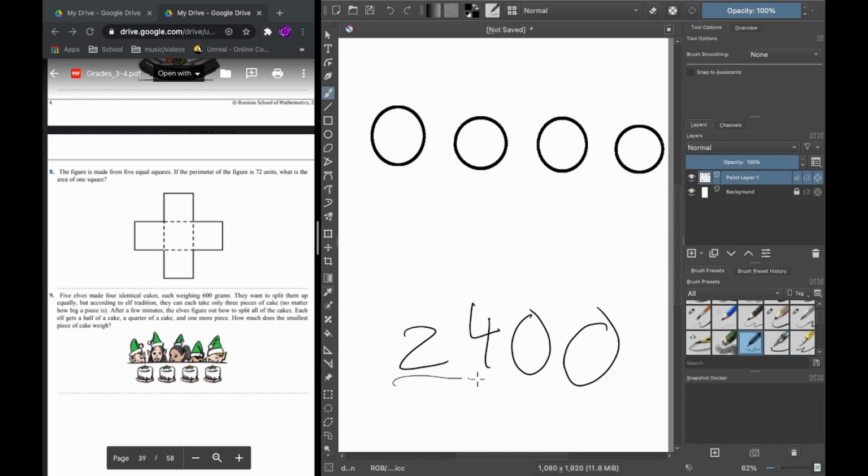So now that we know that, we could do what it says. They got half, but when we split them in half, there are 8 pieces, but there's only 5 elves, so there's 3 left. So they split some more in another half, and then what they got is a 6.